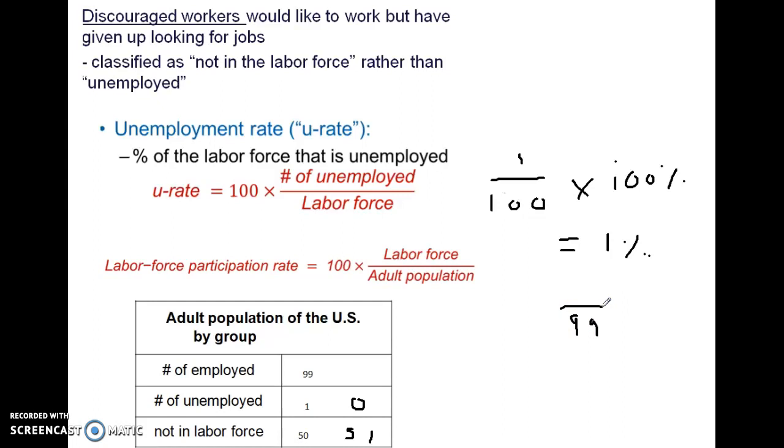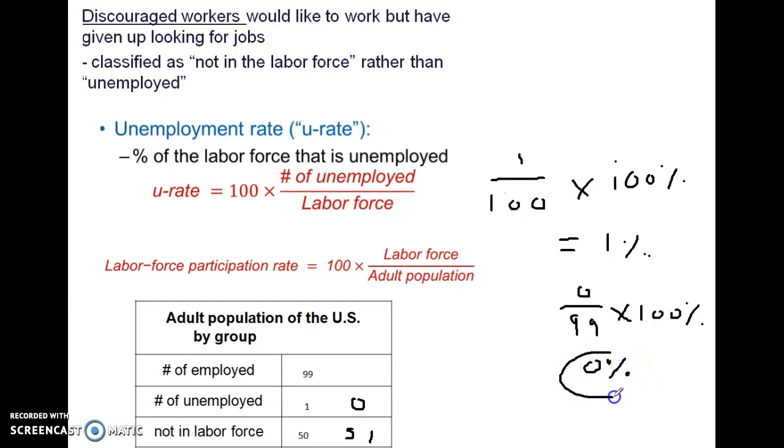The number of unemployed, since this person's given up, is now 0. And then to make it a percent, multiply by 100. And 0 divided by anything will give you 0. So the unemployment rate now is 0%.